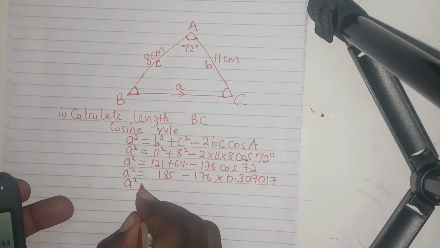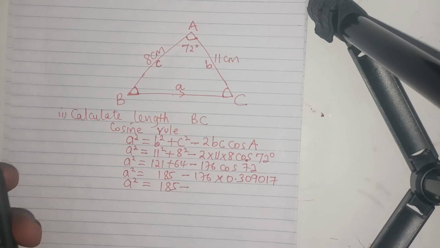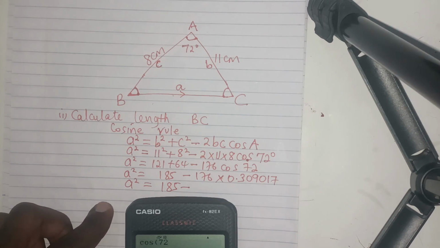So a squared is equal to 185 less 176 multiplied by 0.309017.